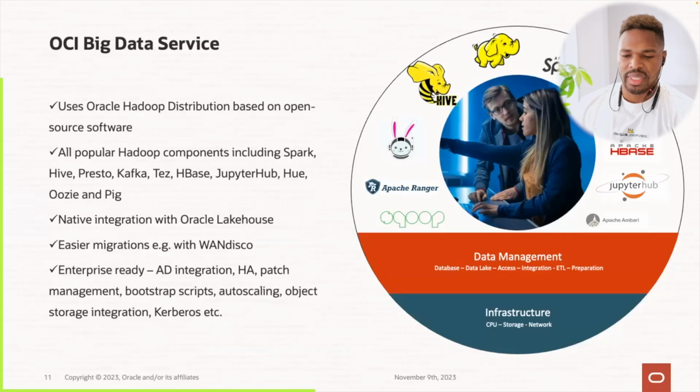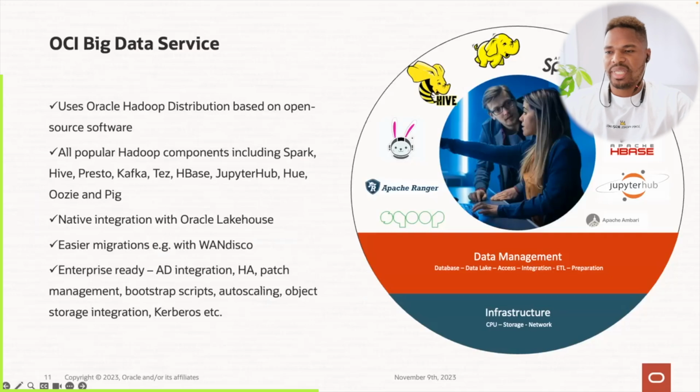This means that you can leverage all of these tools to process your data and extract valuable insights. Furthermore, this Big Data Service is enterprise ready in the sense that it comes with features such as an integration with Active Directory. It is highly available. It has a patch management feature. It also comes with bootstrapping scripts, which will allow you to tweak your environment in the exact direction you want.